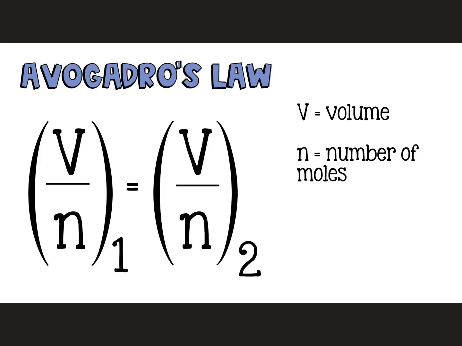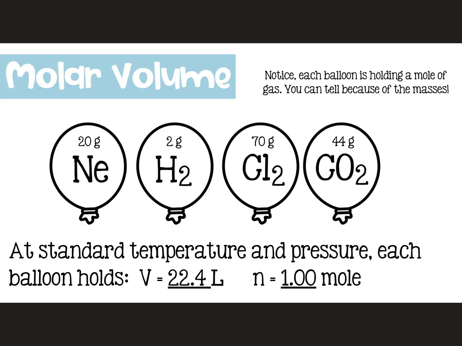Avogadro's law states that V1 over N1 equals V2 over N2, where V is volume and N is the number of moles of gas. Let's recall molar volume. We said that at standard temperature and pressure, 1 mole of gas is always 22.4 liters.